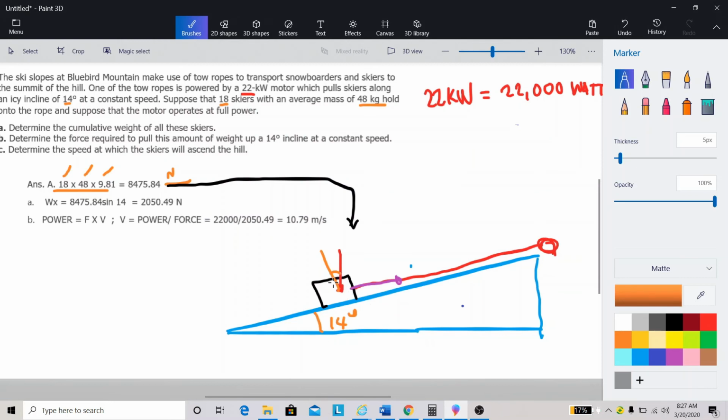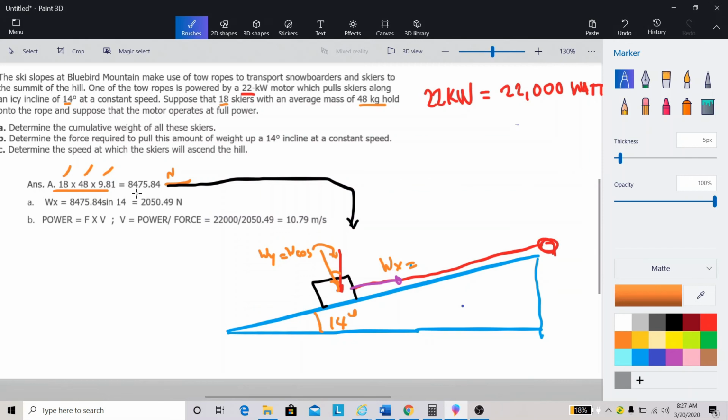During our classroom discussion, we reviewed our solid geometry and trigonometry. This is 14, this one is 14. Therefore, W sub Y is equal to W cosine theta, cosine of 14. Now, our W sub X will be W sine.